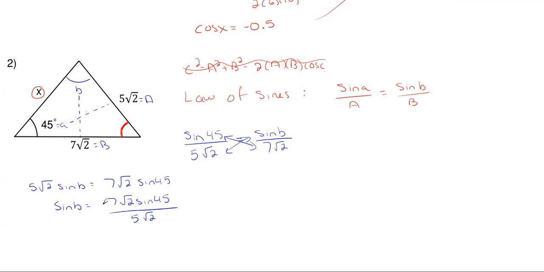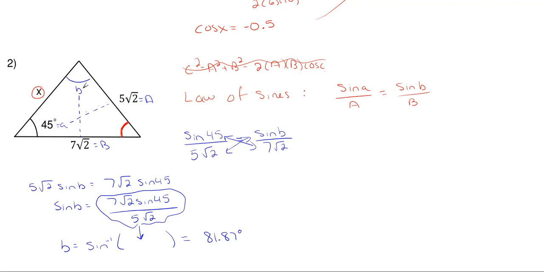And then we can just take the sine inverse of all this. So my angle B will be the sine inverse of all of that right here. Once you do that, this pops out to be approximately 81.87 degrees.